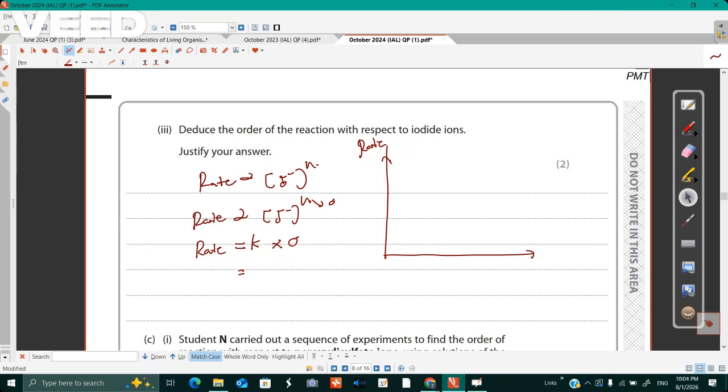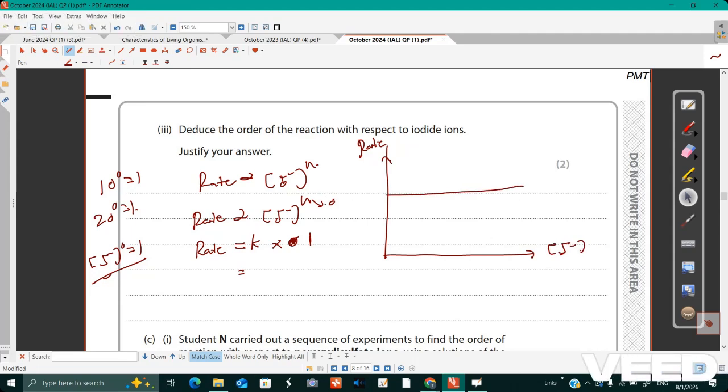Anything to the power of 0 must be 1. [I minus] to the power of 0 is 1. 10 to the power of 0 is 1. 20 to the power of 0 is 1. So therefore if the order is 0, rate is constant irrespective of the concentration of I minus. Then you will get a horizontal straight line.